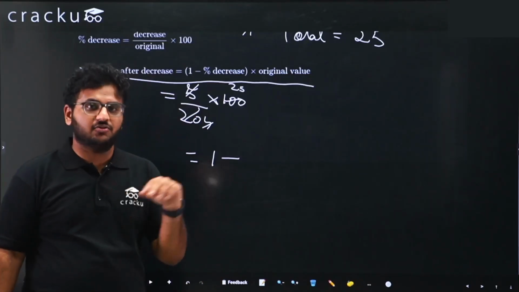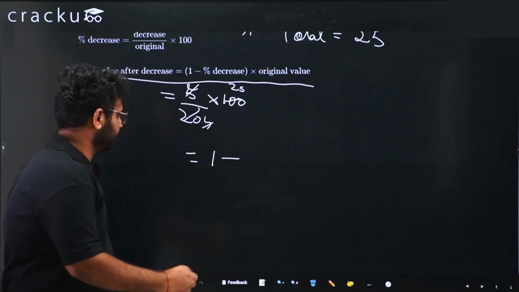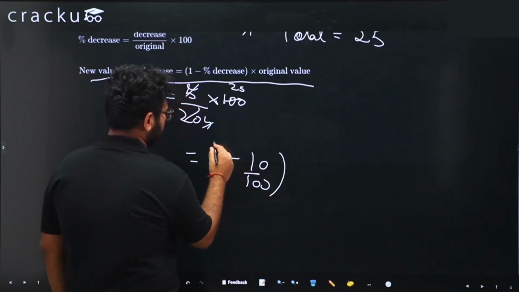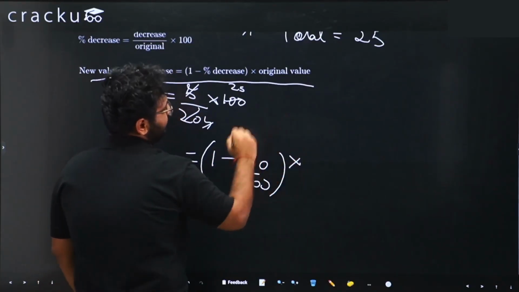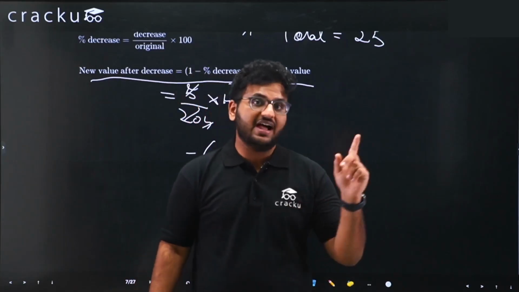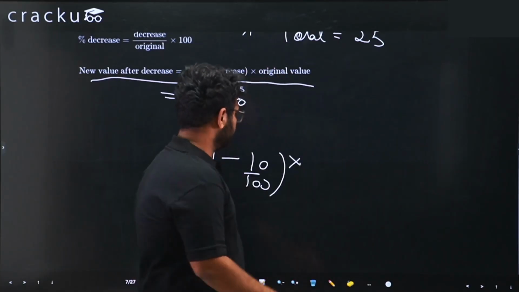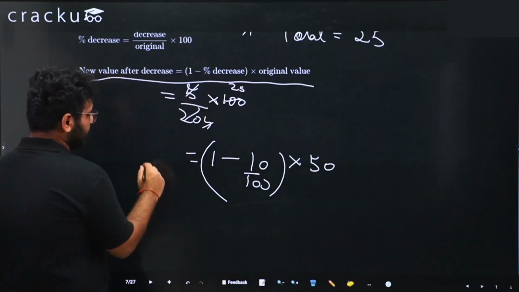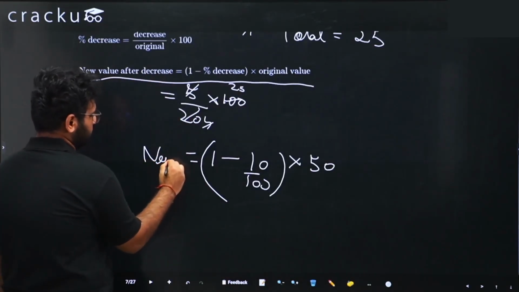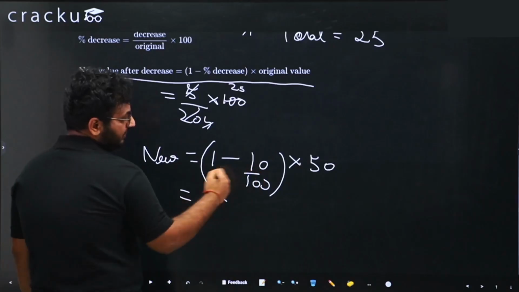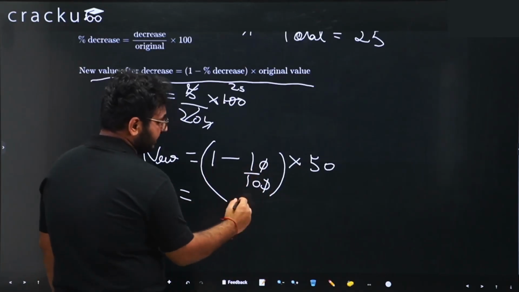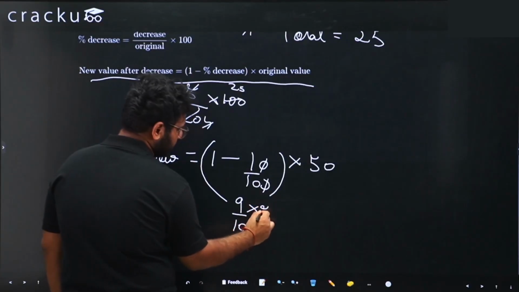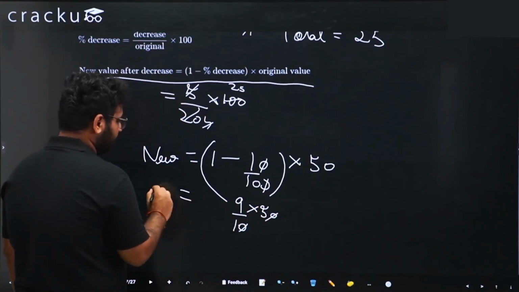So due to my mischief, my score decreased by 10%, so 10 by 100 into original value. So original value is what? I was scoring 50 marks, so which is equal to 50. So the new value will be equal to 1 minus 10 by 100, which is equal to 9 by 10 into 50. So 9 5s are 45 marks.